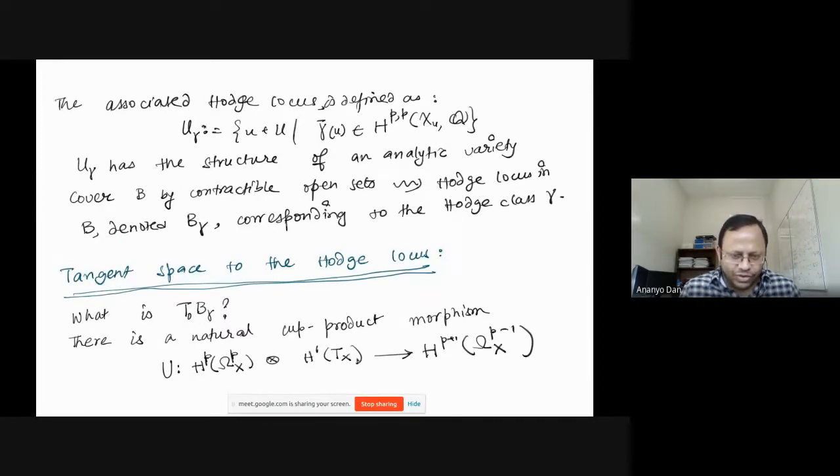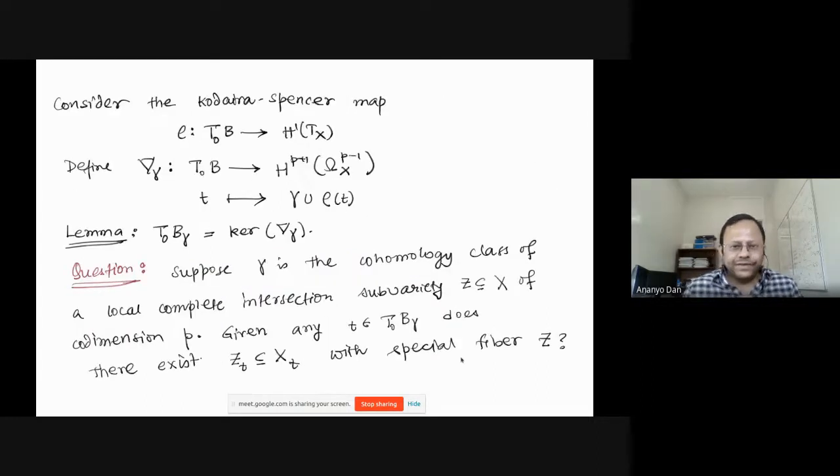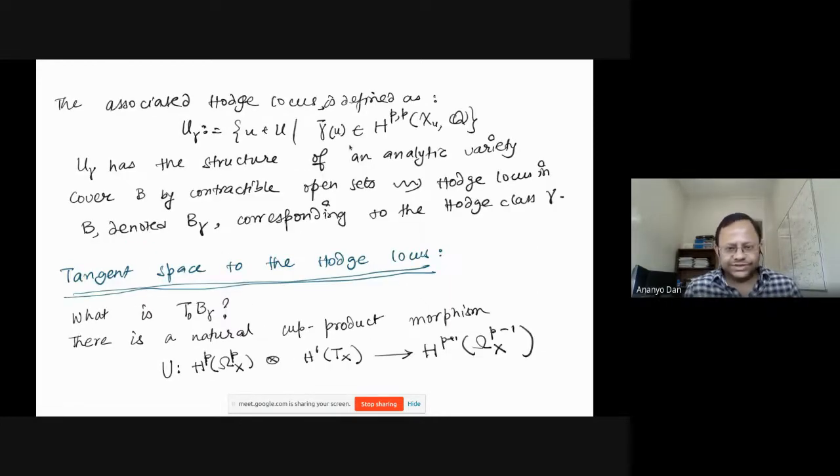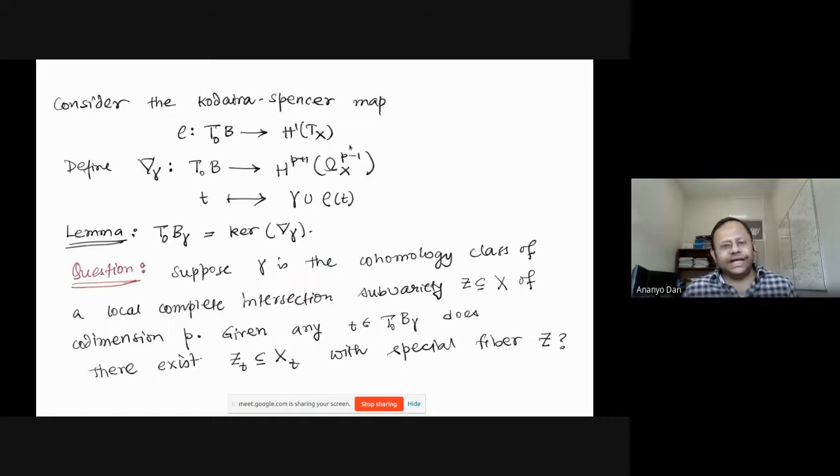Now you have ρ of the tangent vector coming from the family that lands up in here. When you take the cup product, you land up in here. This is exactly the map that you get from this cup product. And the kernel of this map is, so this is the result that needs to be shown, but this description is very useful, so I am just going to use this description. The tangent space to this Hodge locus is simply the kernel of this map.